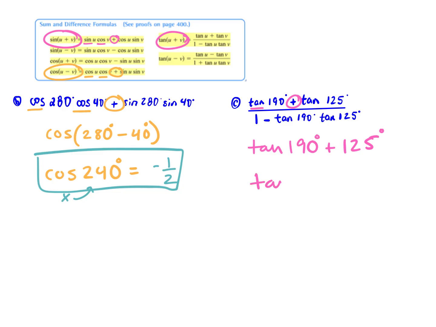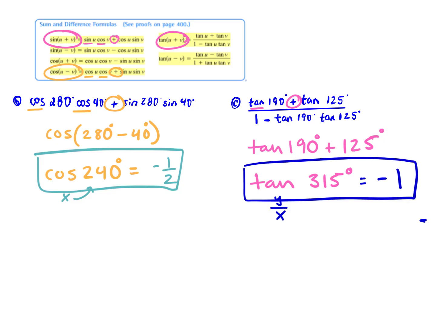So when we condense this to a single trig function, we have tangent of what? 315. Tangent tells us we look at what on the unit circle? Y over x. So I'm going to go to 315 degrees and find what my y over x is. So when we do our y over x at 315, we get -1. This would be our answer.